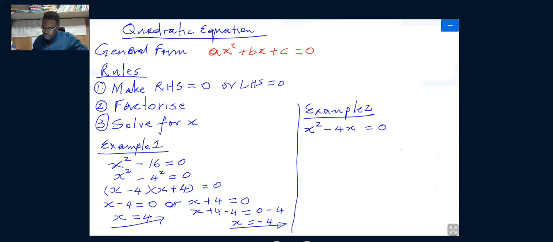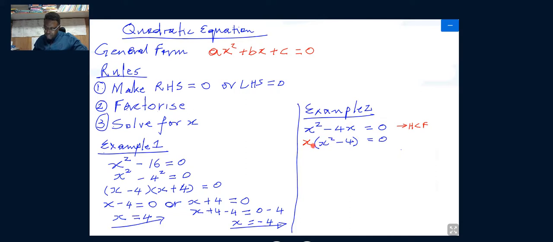We are looking for the highest common factor. And this highest common factor is x, into x squared minus 4 equal to 0.